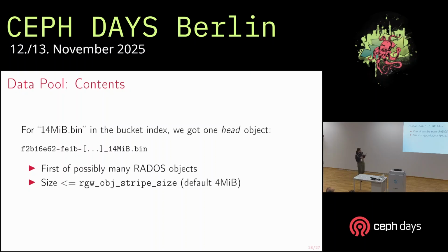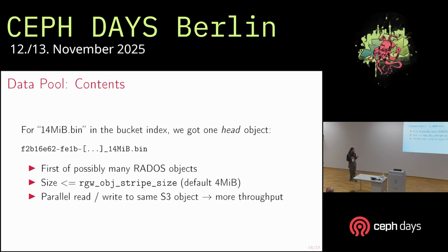And this is optimized for the optimal I/O size of a pool, or that's how it's intended to be. Why are we doing that? Of course, if you have a large S3 object, then we can do parallel reads and writes to the very same S3 object, and it helps us with multi-part uploads as well, which you see in a minute.